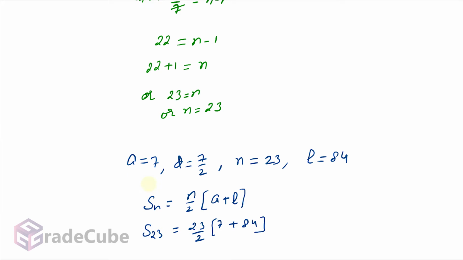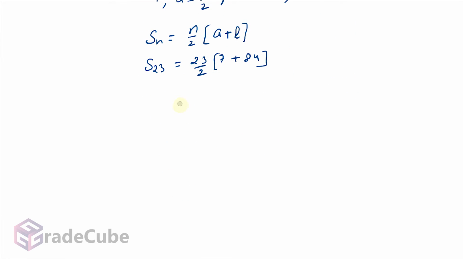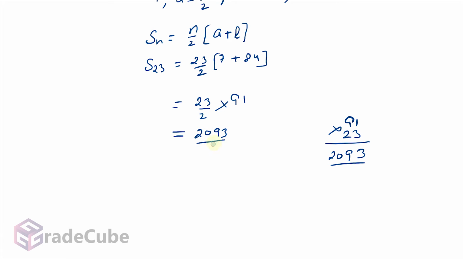So it will become 23 upon 2 into, this is 91. We can multiply 91 by 23. It becomes 2093 over 2.